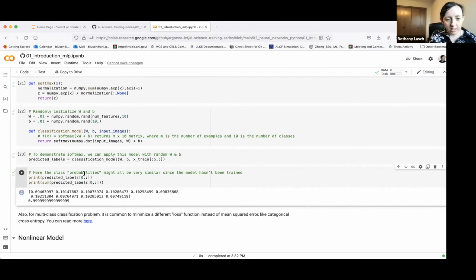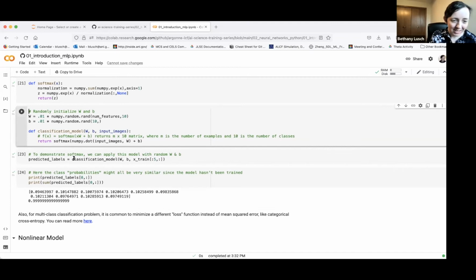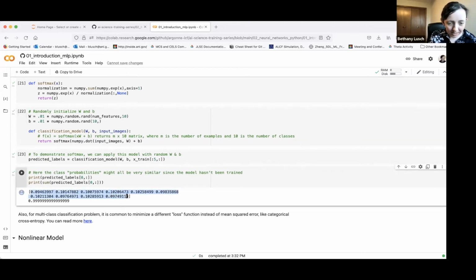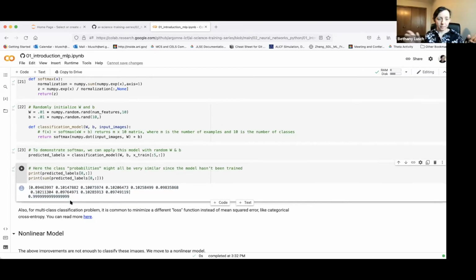Now, in this case, we didn't actually train this model, we just defined it and we started it with random weights. And so here, it's predicting all of the classes to be about equal because it really doesn't know anything yet. We haven't trained this model to know things about images. But you can see the idea and that they sum up to about 1. So these are iterative improvements on the neural network to make more sense for classification.